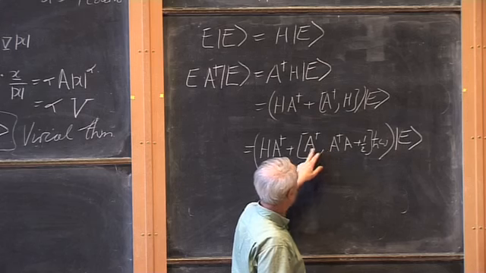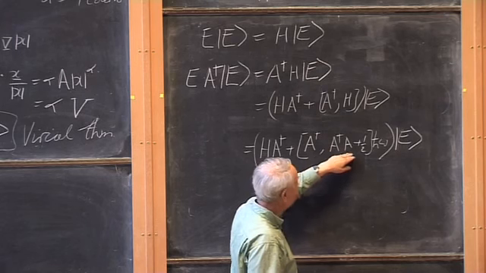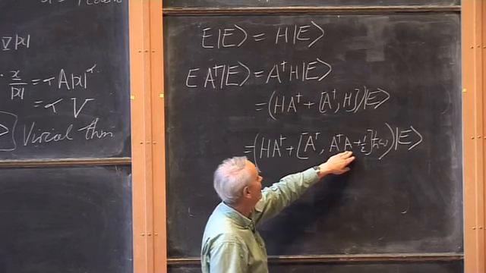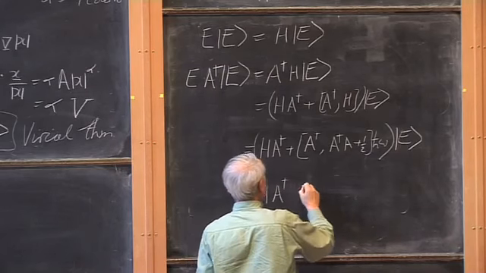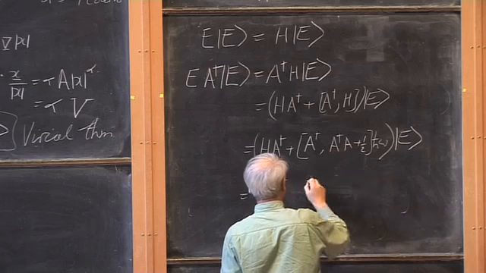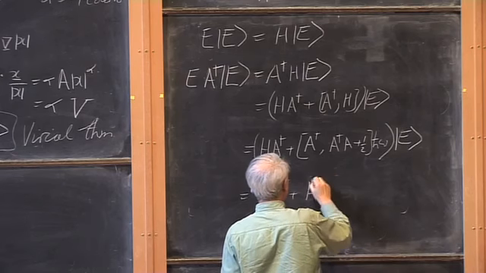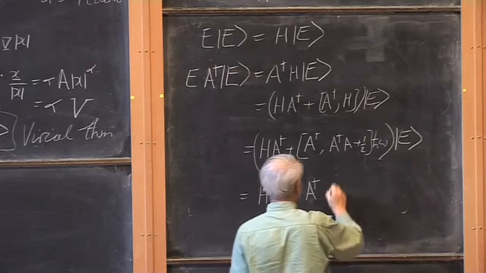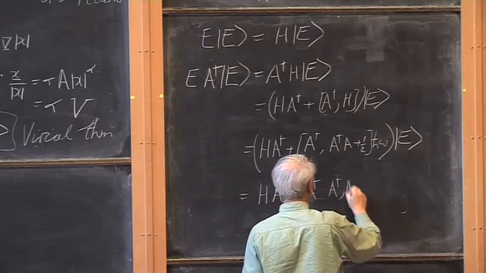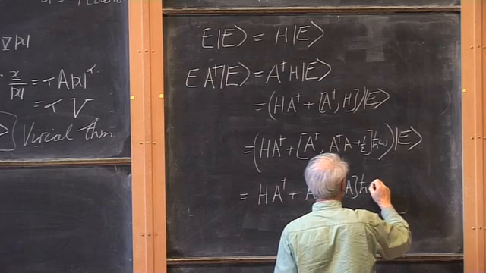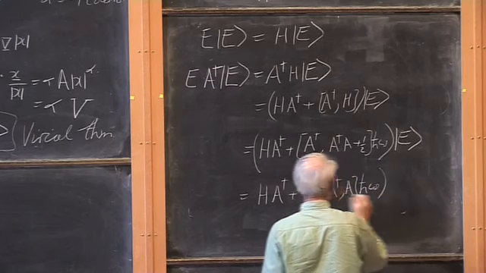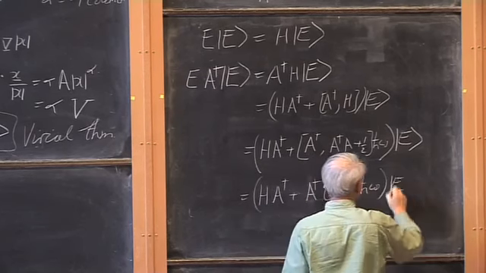So when we do the commutator with this product, there should in principle be two terms, but only one of them survives, and that term is this, which stands idly by while the a dagger works on that. And then I have an h bar omega, close brackets, |E>.